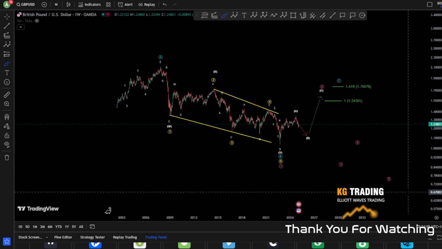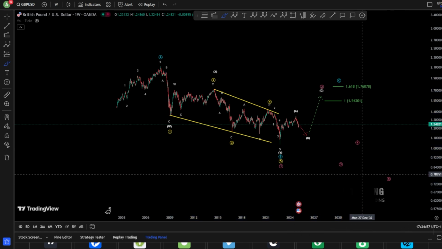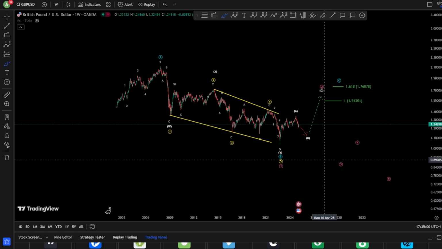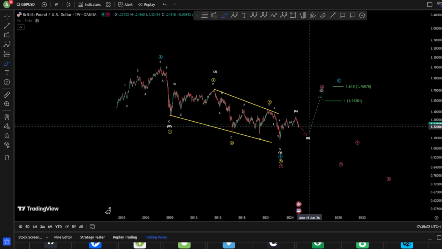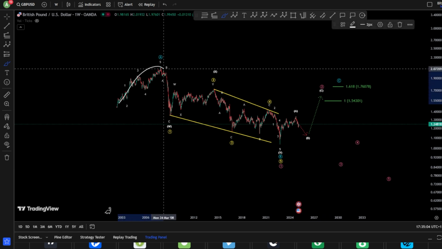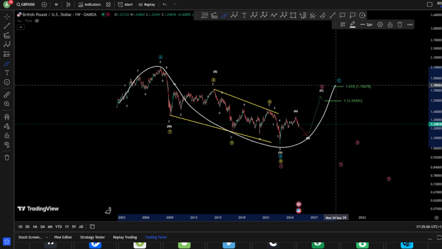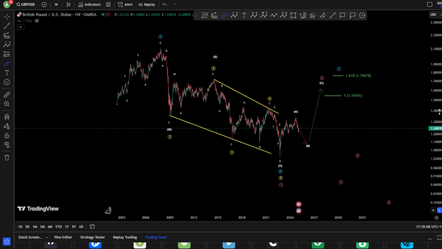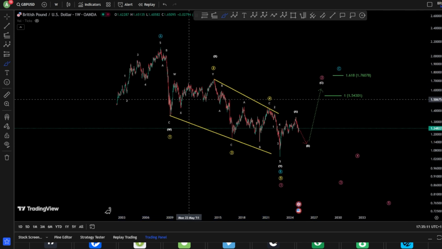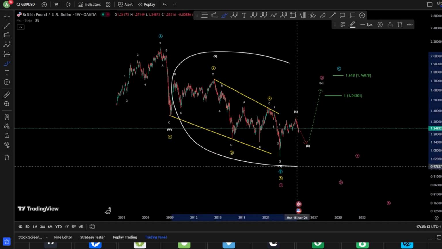So that could be really not good for the GBP in case we move with this magenta scenario, but probably we still have this blue count here, which can still be playing. So these are the insights in general.